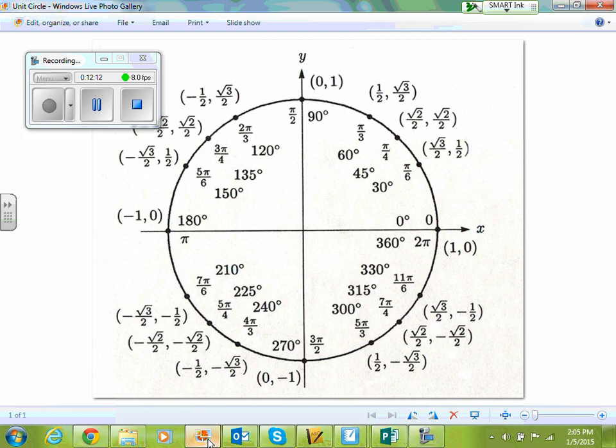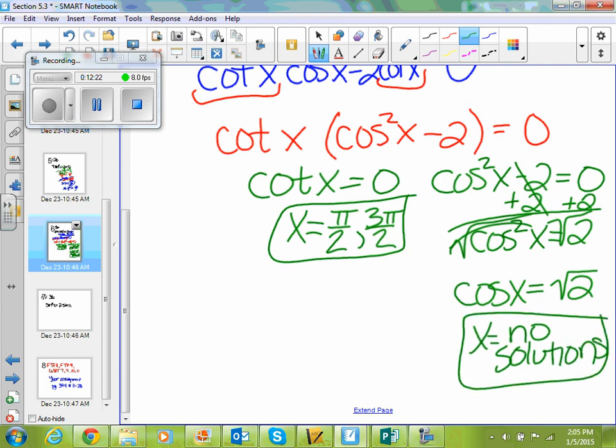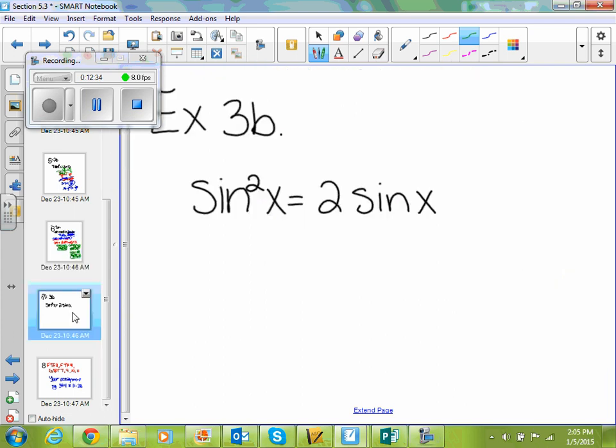Okay, so we don't find one. So then this x is no solutions. If it's not on your unit circle, then it's no solutions. Okay, so let's do one more like that.